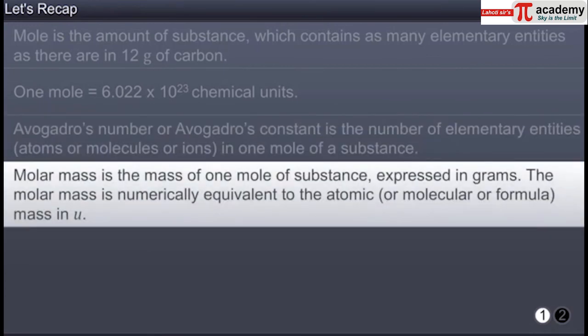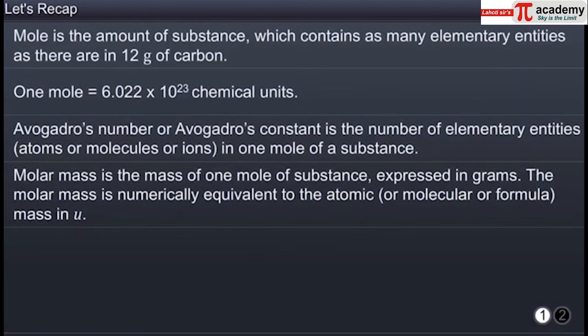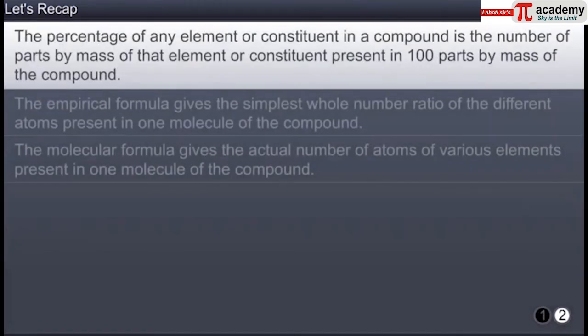Molar mass is the mass of 1 mole of substance expressed in grams. The molar mass is numerically equivalent to the atomic or molecular or formula mass in u. The percentage of any element or constituent in a compound is the number of parts by mass of that element or constituent present in 100 parts by mass of the compound.